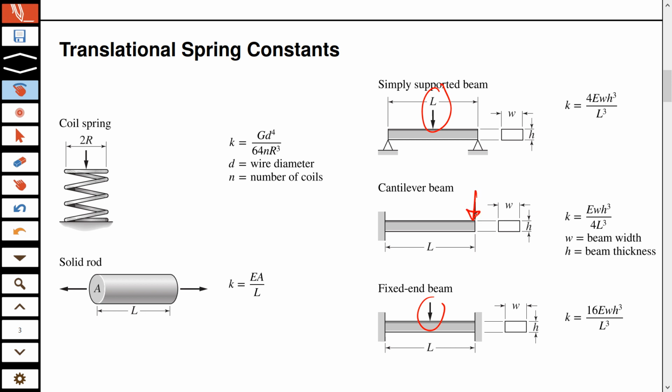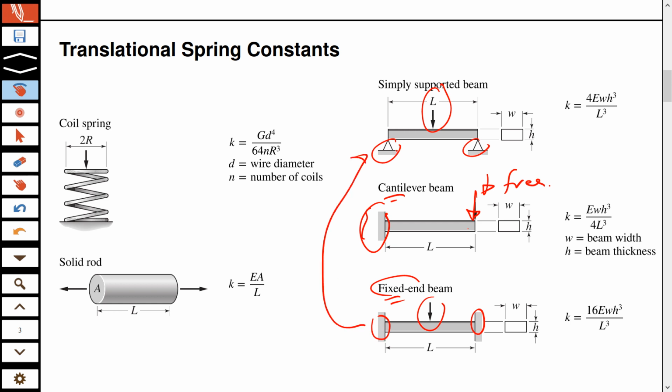The only difference is that it's at the side and in the middle, but the support is different. Here the support is simply supported. Here the support is from one side, and the other side is free. And here both ends are fixed. This is different from that, because this is a vertical support and this is a sidewise horizontal support. The support is from the sides.